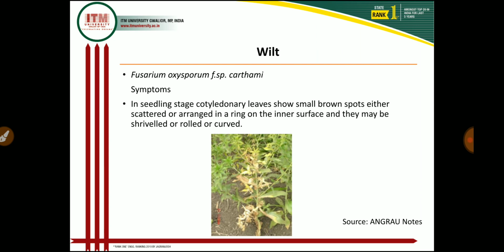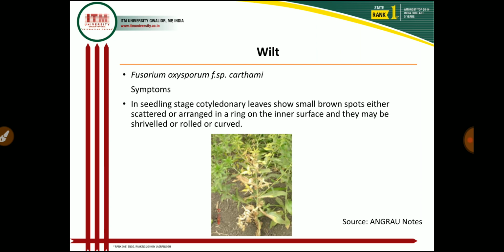In symptoms, this disease mainly occurs at the seedling stage, and on the cotyledonary leaves small brownish spots appear. These brownish spots are either scattered on the leaf or arranged in a ring on the inner surface, and the leaf may be swirled, rolled or curved.